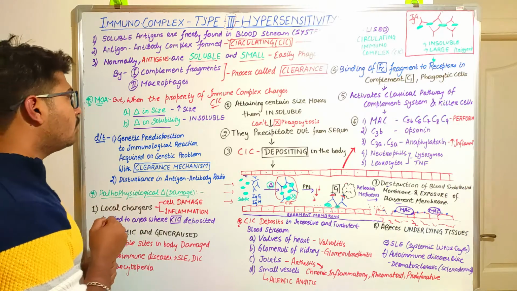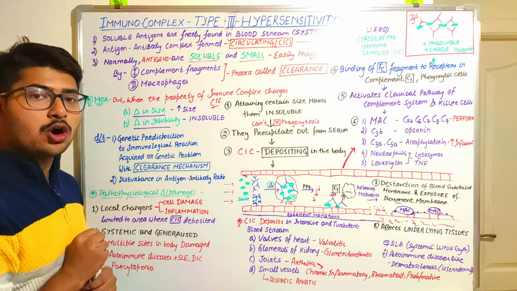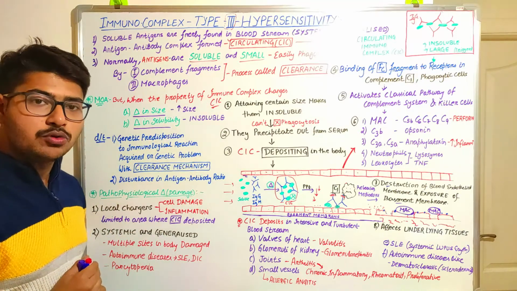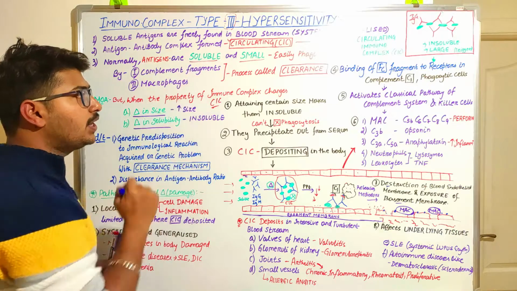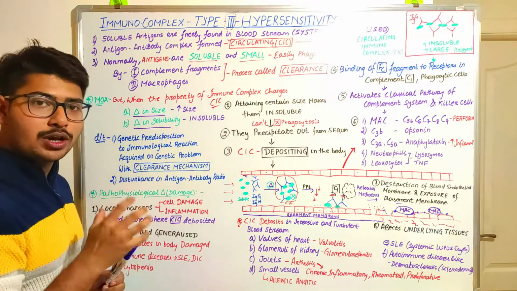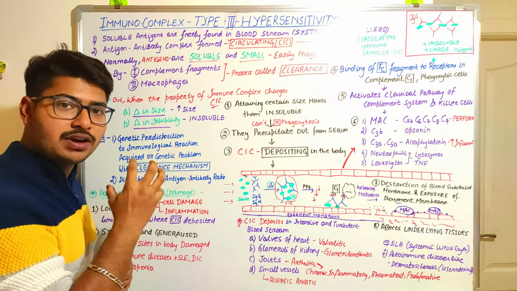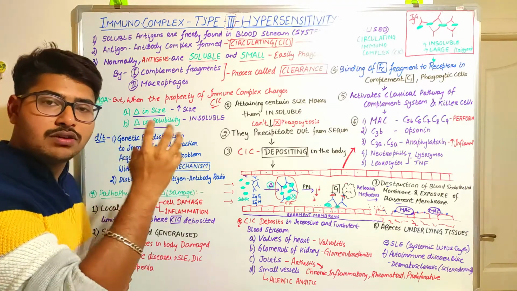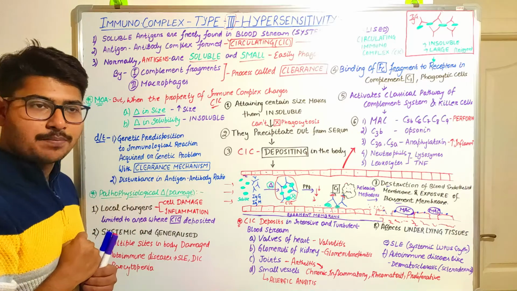Okay, so first of all, this immunocomplex type of hypersensitivity occurs when there is a change in the property of this immune complex. Previously I said that the immune complex was soluble and small in size. When it was of adequate size for the phagocytic cells, it was easy for them to catch and phagocytose it.